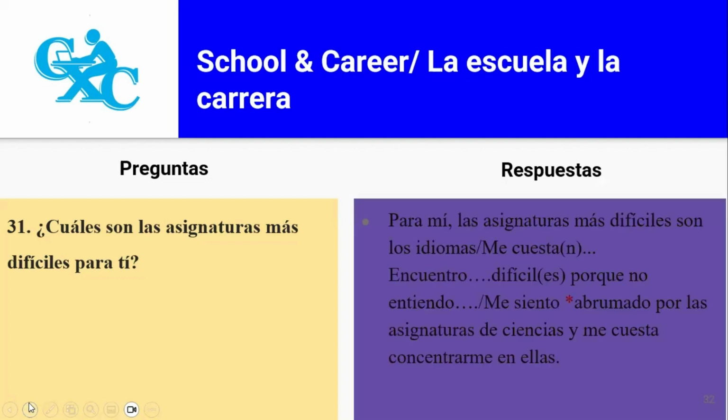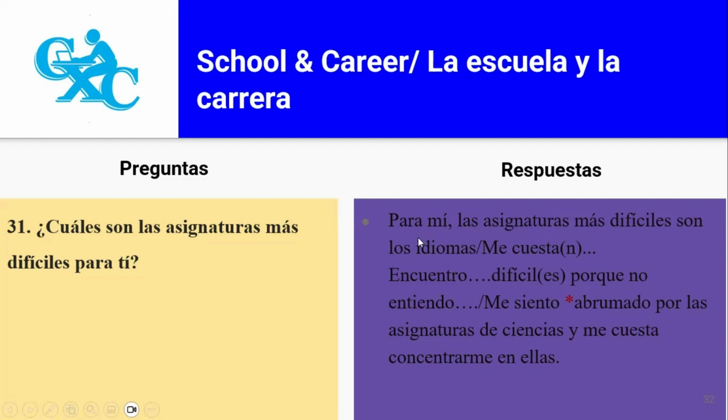All right, so we could say, Para mí, las asignaturas más difíciles son los idiomas. Me cuestan, los encuentro difíciles porque no entiendo. Me siento abrumado por las asignaturas de ciencias y me cuesta concentrarme en ellas. Excelente. All right, students, so you can say para mí, all right?